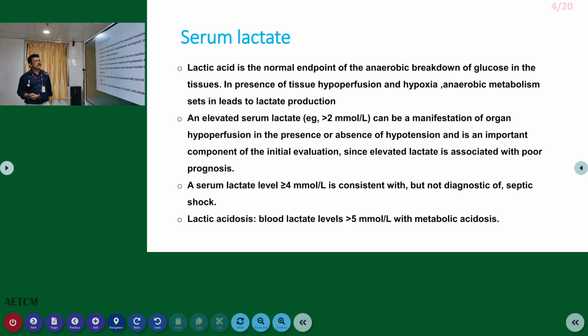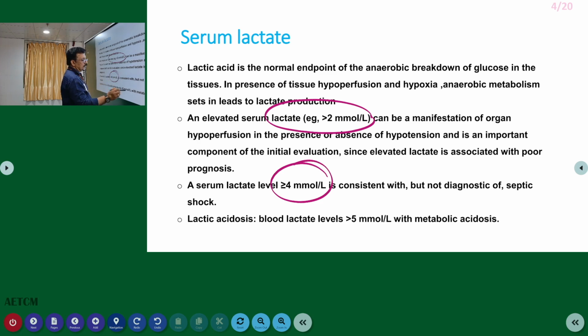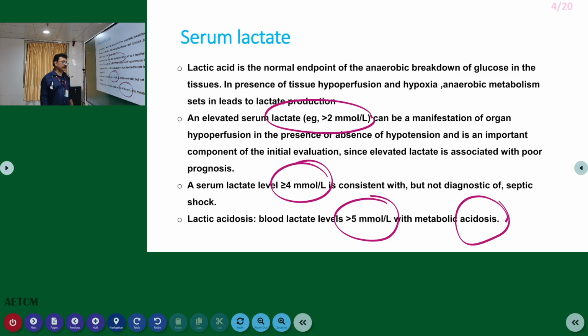Here the end product is lactate. So if the lactate is very high in sepsis, the patient's internal circulation is not normal and adequate perfusion is not happening. If the lactate levels are very high, more than 4 or 5, sometimes the patient can go into acidosis. This is called lactic acidosis.